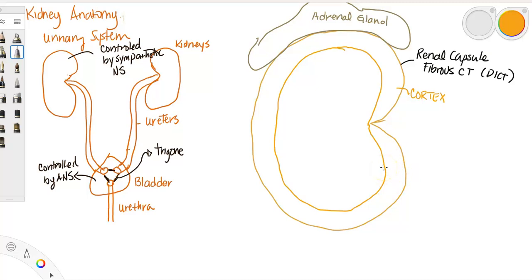And remember, the kidneys are full of these tubules, and these tubules are where the filtering occurs.